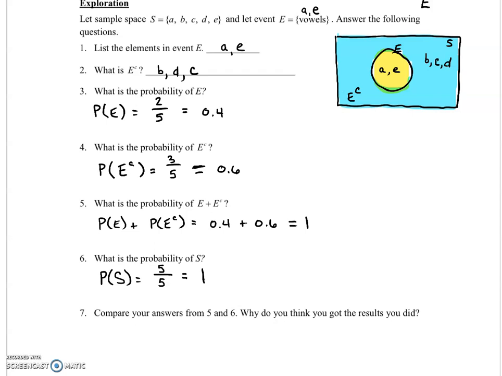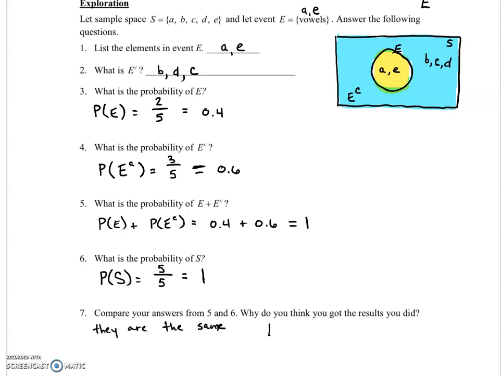Because E incorporates some things out of S, right? And by definition, the complement is everything else. So between the two of them, they're the same.